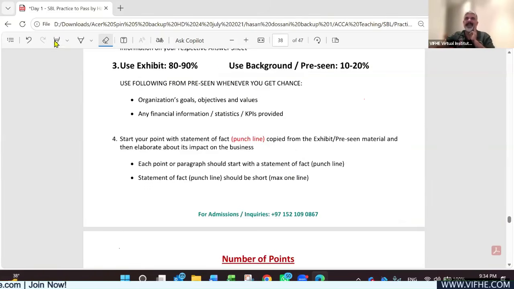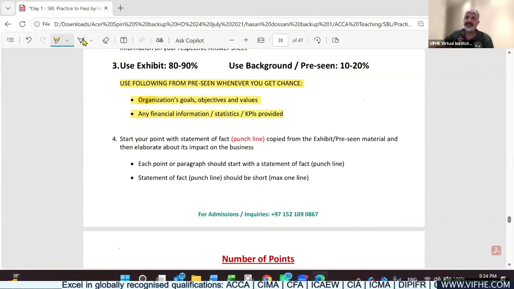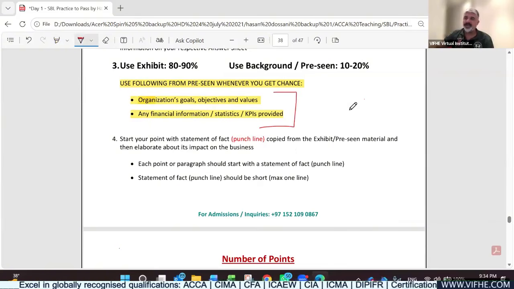From the pre-seen, I always prefer you use objectives, goals, any financials. So the pre-seen will tell us what the strategic objectives of the company are. There will be some financials or KPIs in the pre-seen. I always try to use these statistics when I'm drafting.